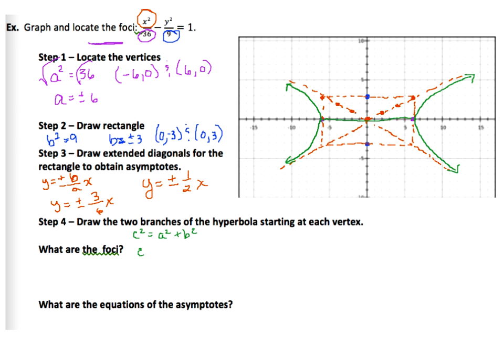So in this case, c squared is equal to 36 plus 9. C squared is equal to 45. Take the square root of both sides. So c is equal to positive negative square root 45. You could simplify that if you wanted to have a simplified square root.